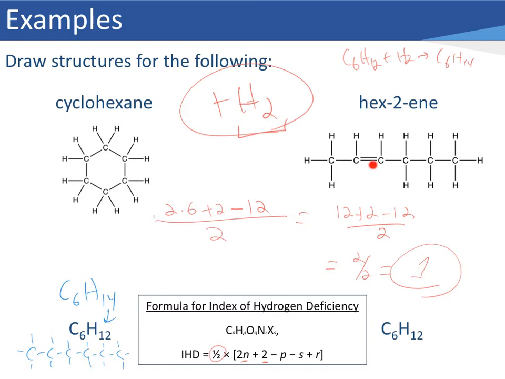Kind of means there's 1 double bond, or it means there is 1 ring. Every unit of index of hydrogen deficiency means 1 double bond or 1 ring structure. So if I had an index of hydrogen deficiency of 2, it could be 1 ring and a double bond within the ring. It could be 2 double bonds in a structure like this.